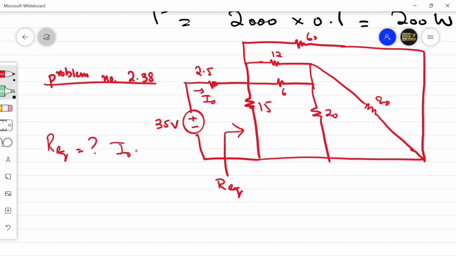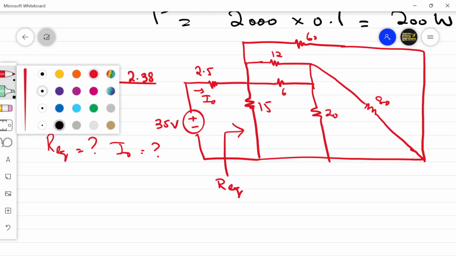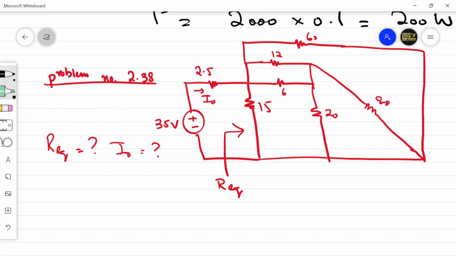You have to find I naught. Right? So we have this particular diagram, and you have to actually solve for R equivalent. The major problem here is solving for R equivalent. If you can solve for R equivalent, you can find the value of I naught easily.